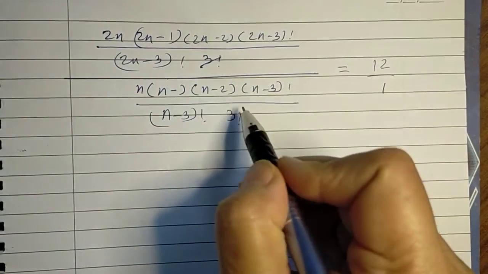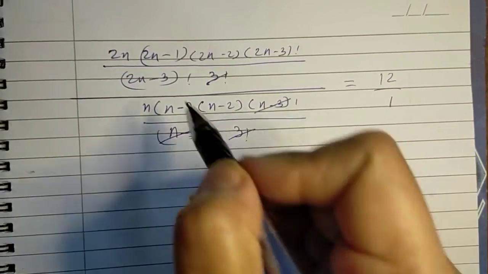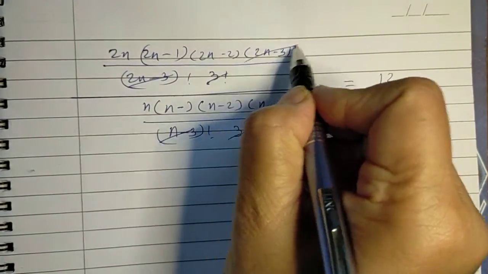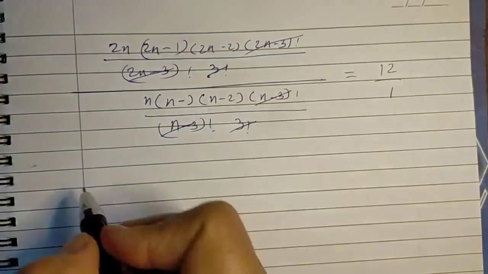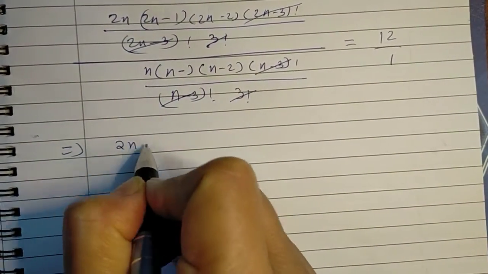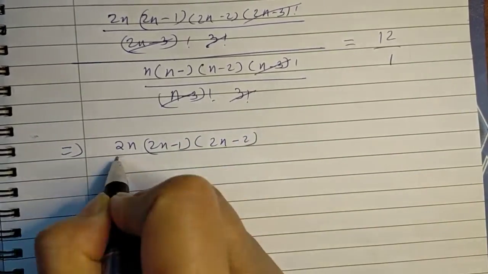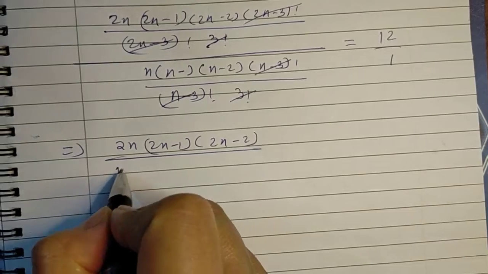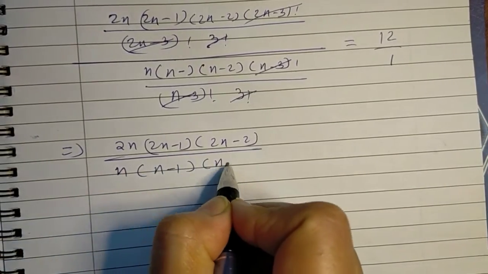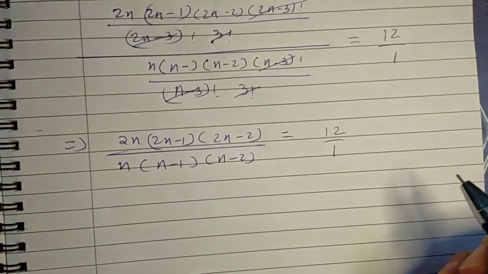Now this 3 factorial gets cancelled with this 3, n minus 3 gets cancelled, 2n minus 3 factorial gets cancelled with this. Now ultimately we have 2n into 2n minus 1 into 2n minus 2, whole upon n into n minus 1 into n minus 2, is equal to 12 upon 1.